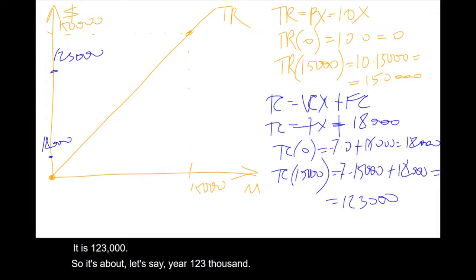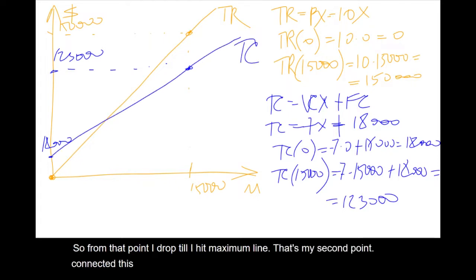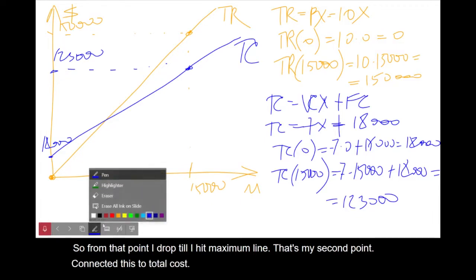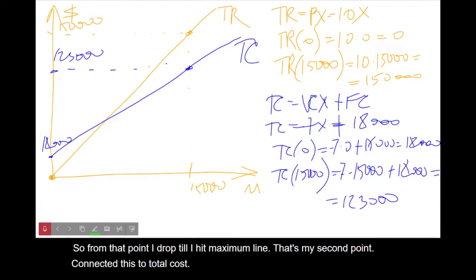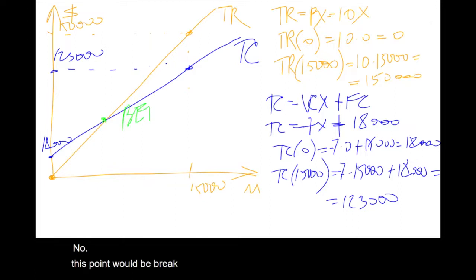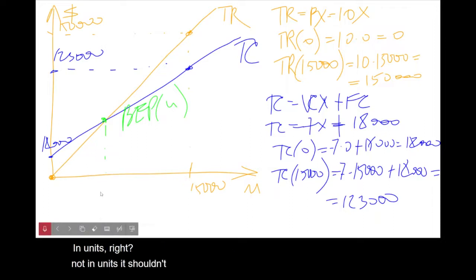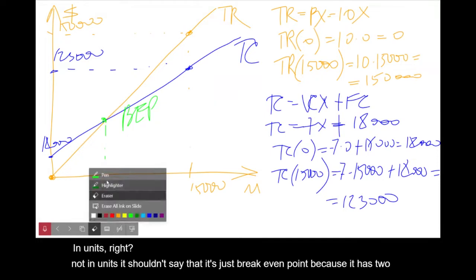From that point, I drop until I hit the maximum line. That's my second point. Connecting this to total cost, this point is the break-even point. Not in units, I shouldn't say that. It's just the break-even point because it has two coordinates.